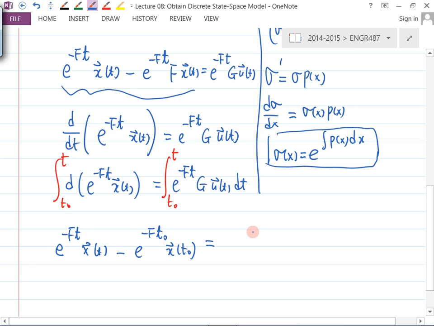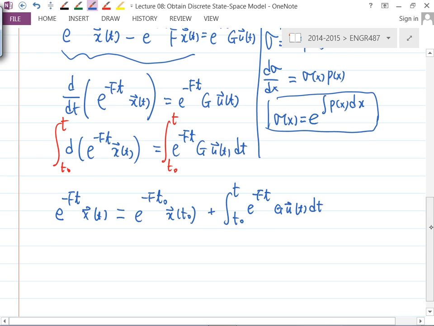The other side, I don't know what it is, so we'll just leave it as it is, but I can move this minus sign to the right side, so I save myself one step. So there, this is basically the solution.